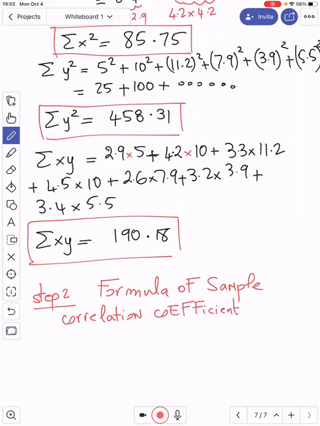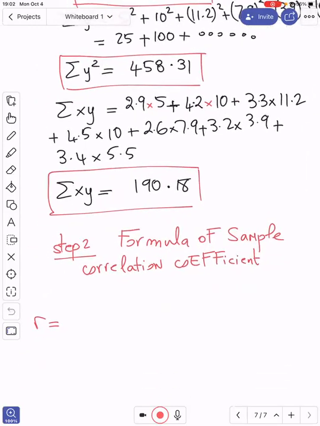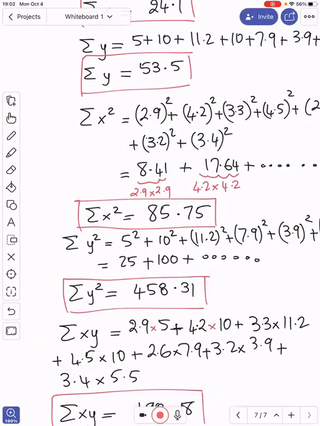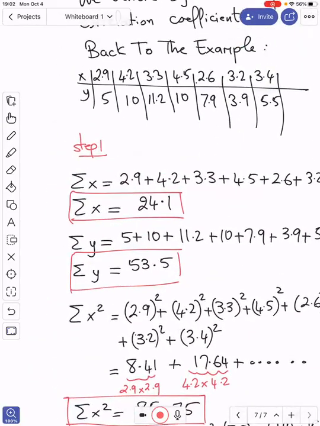So R is going to be equal to, so first in the top, it's a fraction. In the top, we're going to have N. So N is the size of the sample, the number of data values. For example, how many data pairs do we have here? We have 1, 2, 3, 4, 5, 6, 7.